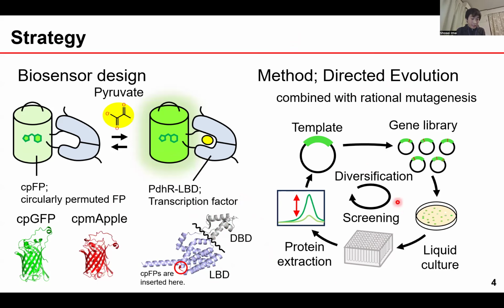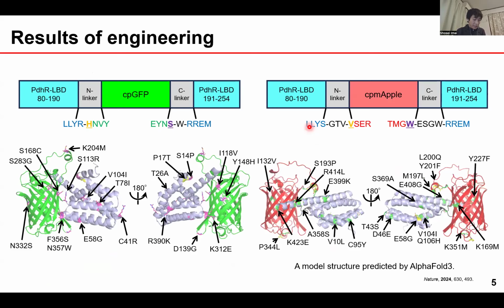This cycle is repeated multiple times to achieve the desired properties. Due to time limitations, I cannot go into the detail of the engineering process, but finally, we obtained a bright and high contrast pyruvate biosensor series. These are the model structures predicted by AlphaFold 3, and the mutations accumulated during the evolution are highlighted.